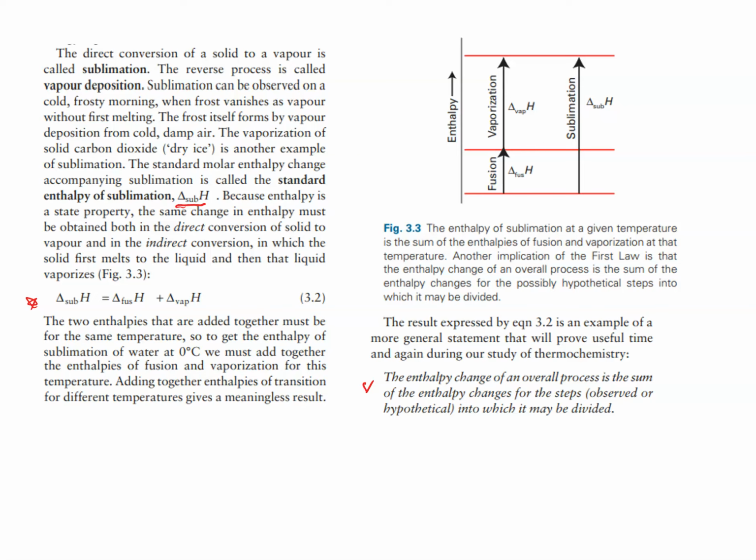Now, before moving on, let's take a look quickly at figure 3.3, and just to confirm, the enthalpy of sublimation at any given temperature is the sum of enthalpies of fusion and vaporization at that temperature. Another implication of the first law is that the enthalpy change of an overall process is the sum of the enthalpy changes for the possible hypothetical steps into which it may be divided.